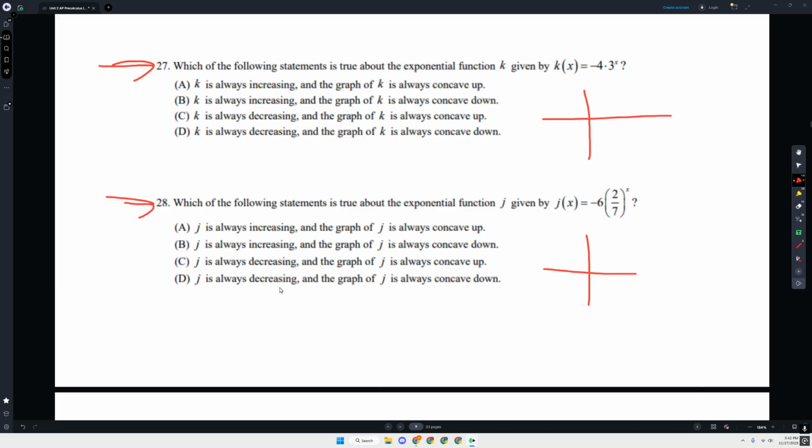Just graph them, and it should be easy. All right, I'll give another minute or two for about 27 and 28.